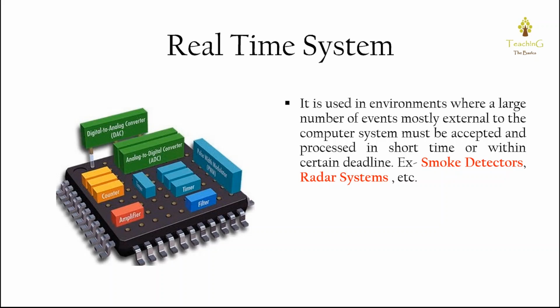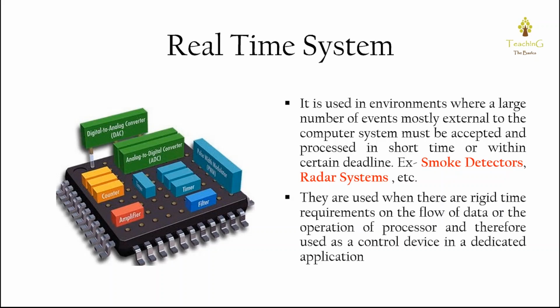In a radar system also, that is checking some missile activity, or in military systems, the radar systems that a military uses, they need a spontaneous response. So a real-time operating system provides this kind of support.